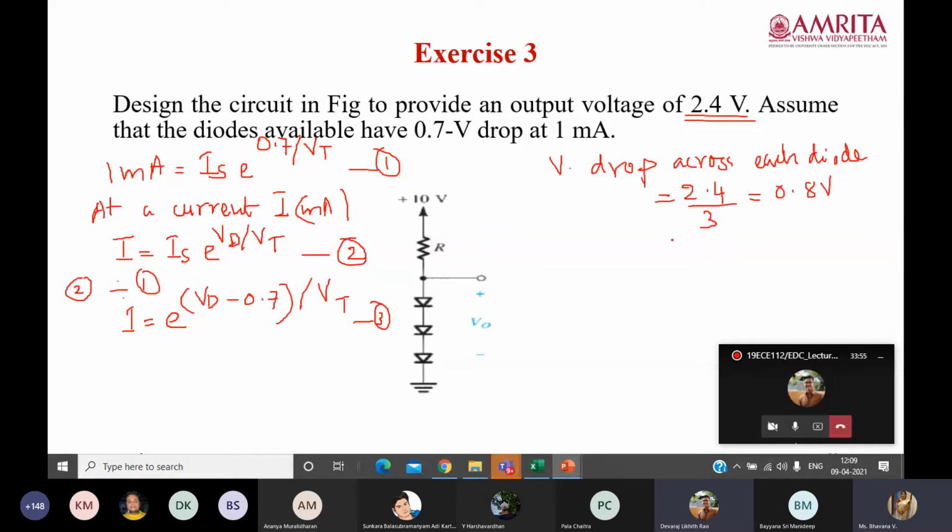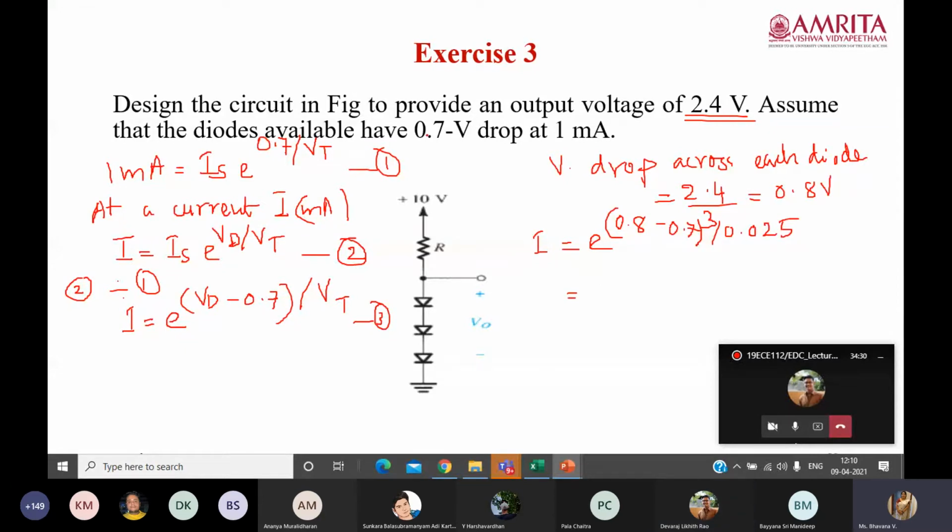Now I, the current through each diode, is e power (Vd minus 0.7) divided by Vt, with Vd 0.8 and Vt 0.025, from equation number 3. Compute the I value.